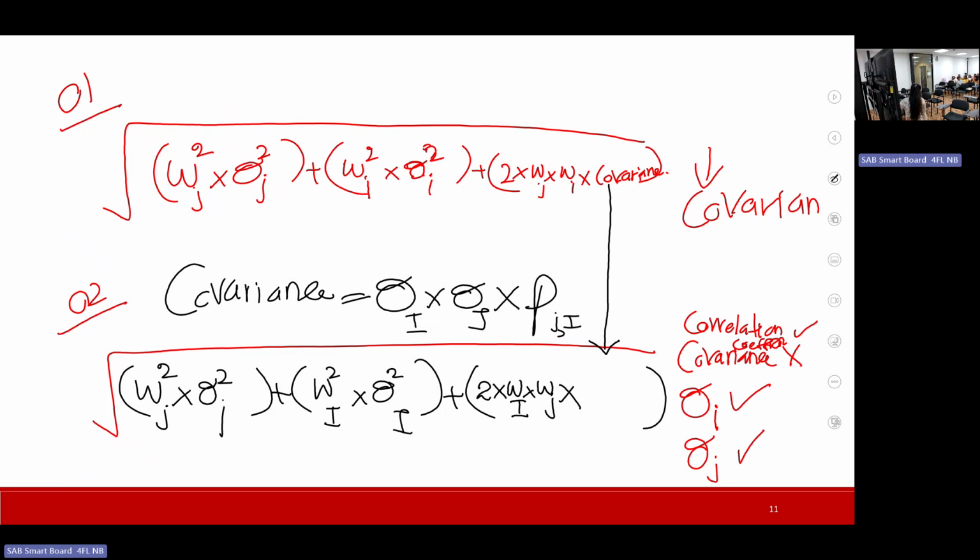We have two formulas. We have two standard deviations for the individual assets. Sometimes the question will give the correlation itself to you. In that scenario, don't waste time calculating the covariance. No point of calculating it.